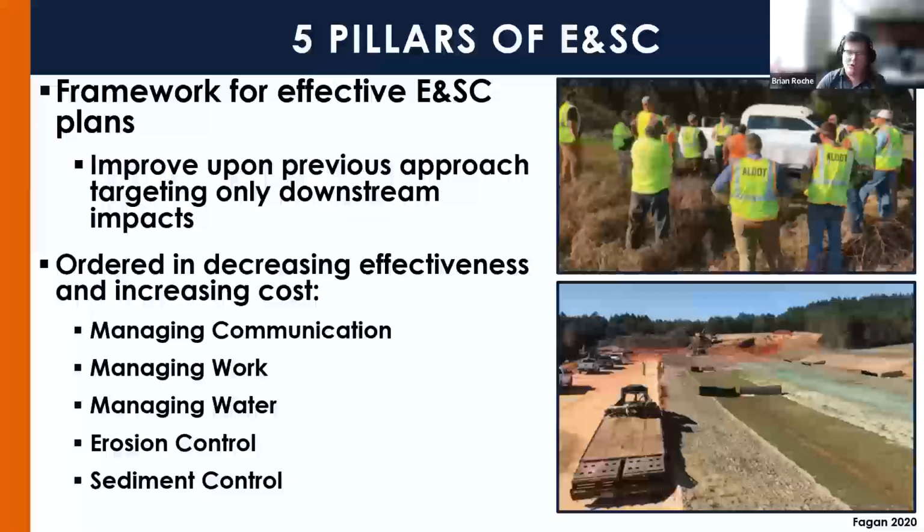Managing work ensures that construction efforts are done in a way that limits soil dislodgement, such as through the delay or limitation of soil disturbance. Managing water ensures that the flow of water through and around construction projects is facilitated in a way that prevents soil erosion. And then erosion and sediment control are those traditional aspects that can be more expensive and less effective than the other 3. Those efforts can be reduced through the proper management of the other pillars.